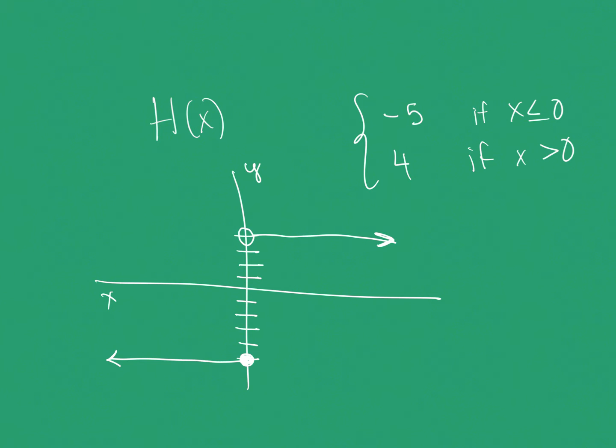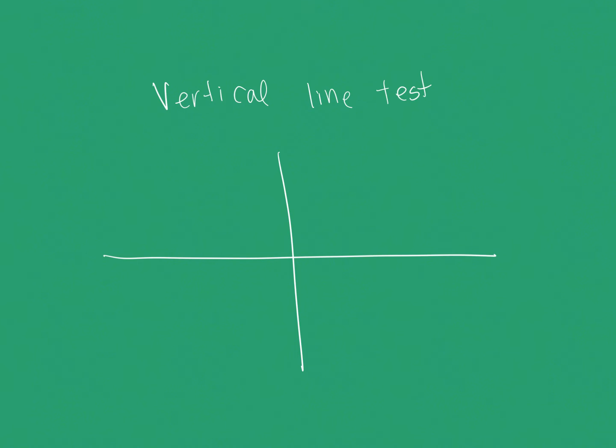I believe that last week we talked about the vertical line test. It is a test to see if a graph is a function. So maybe I have a parabola that looks something like this. Is that a function?